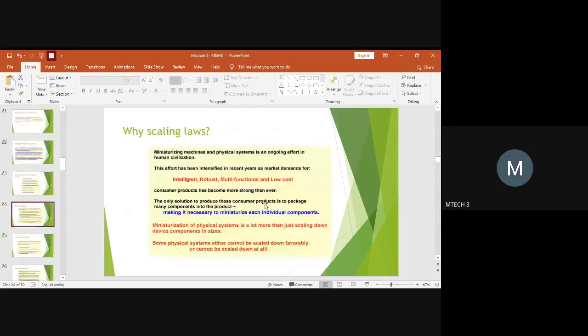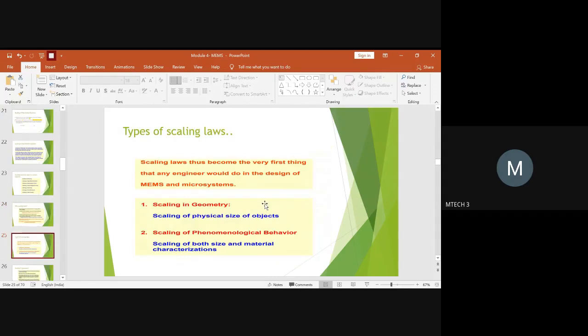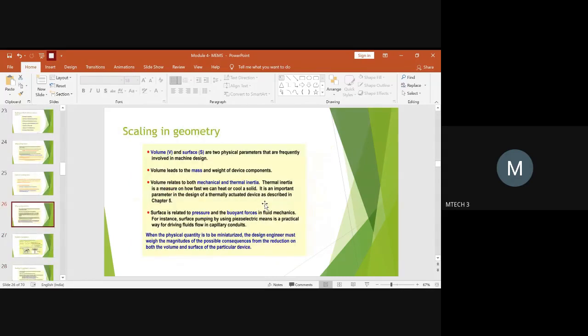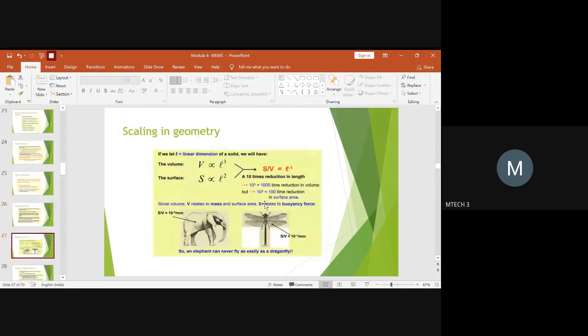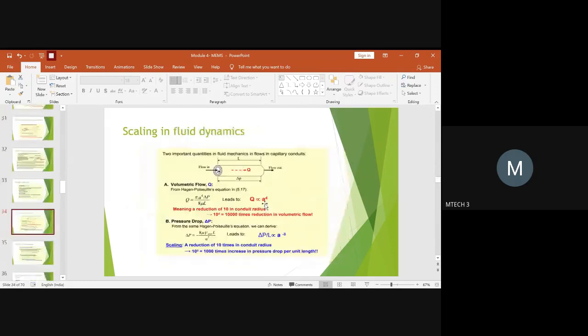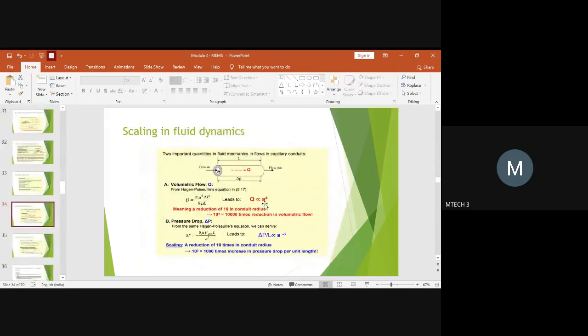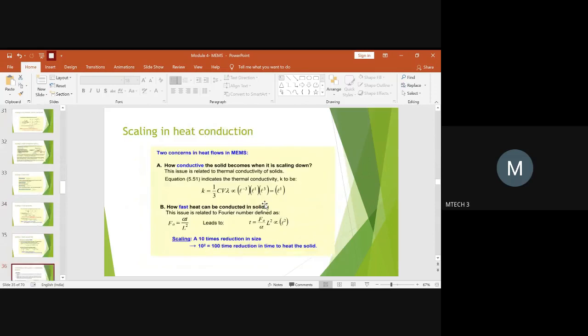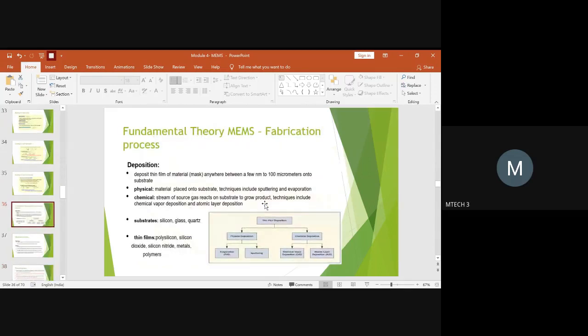And if they ask you to explain step by step how to do miniaturization of an electromechanical device, then you need to explain all these factors in depth, which took around two sessions. Fine. So the next concept in our syllabus is the fundamental theory of MEMS.